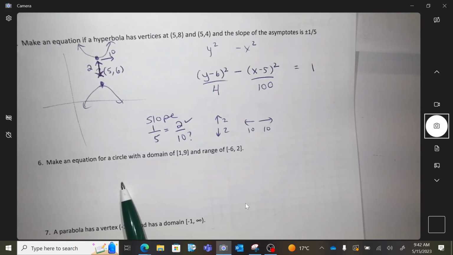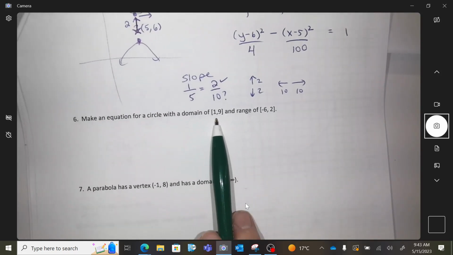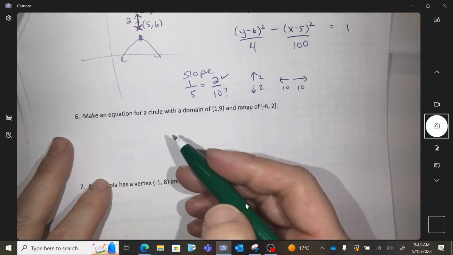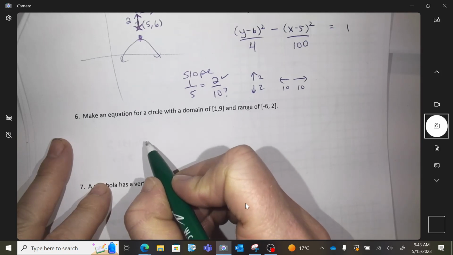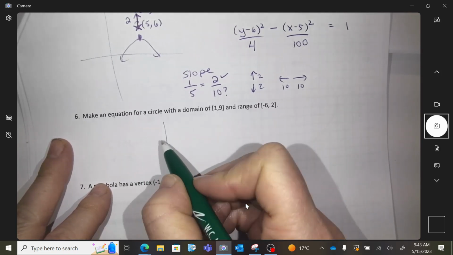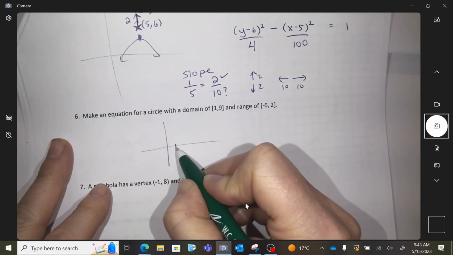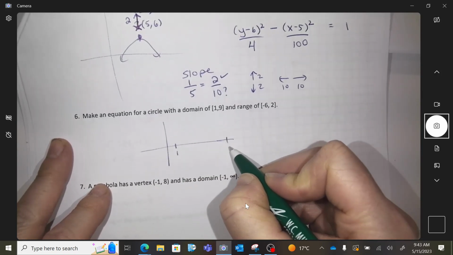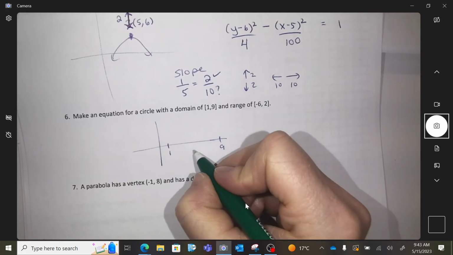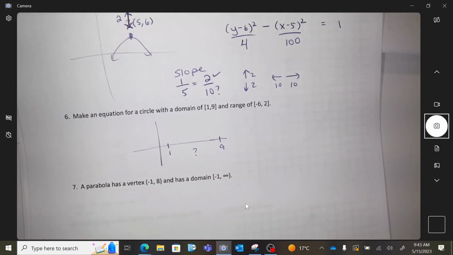Okay, make an equation for a circle. This is its domain and range. So we went from 1 to 9. We went from a 1 to a 9. So what x value would be in the middle of that?